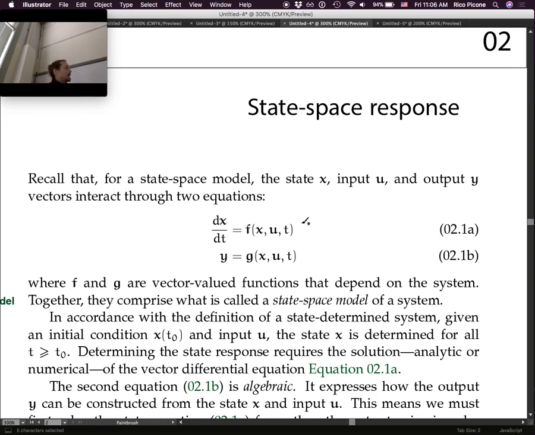Now, 2.1b is the output equation, and really all it is is an algebraic relationship, okay? So what you're saying is the output y is some algebraic function of the state vector, the input vector, and time. That depends on what you choose your outputs to be.